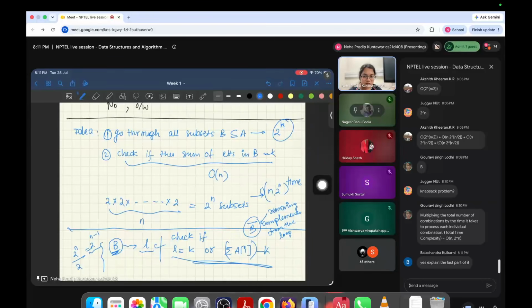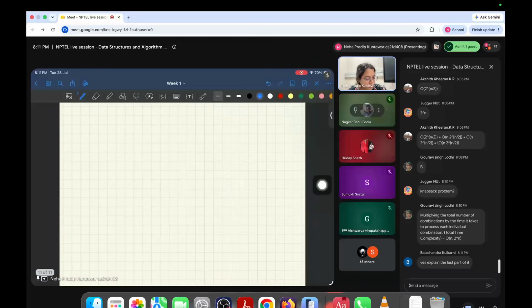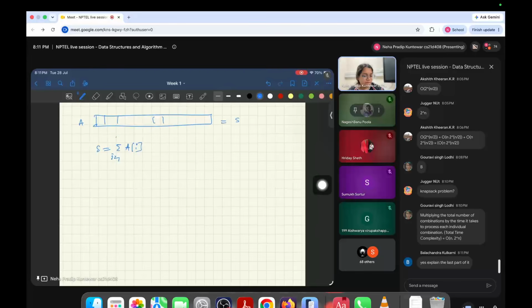So the idea was that, let's say the sum of your entire array A is equal to S. So if you sum up all the elements, this sum is S. Let's say I'm looking at some subset B, and we are checking whether the sum of elements here is equal to k.